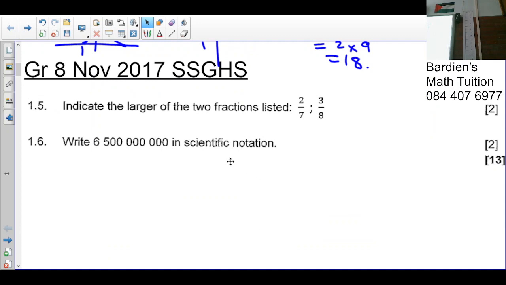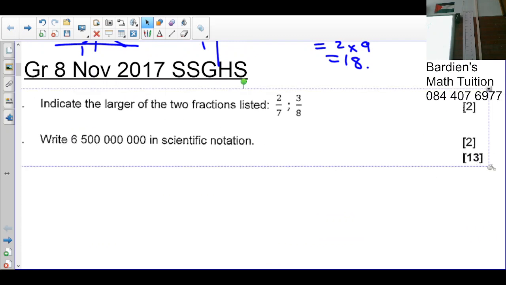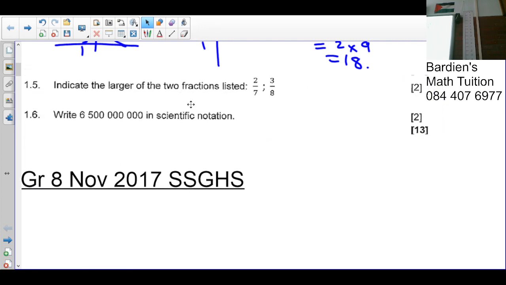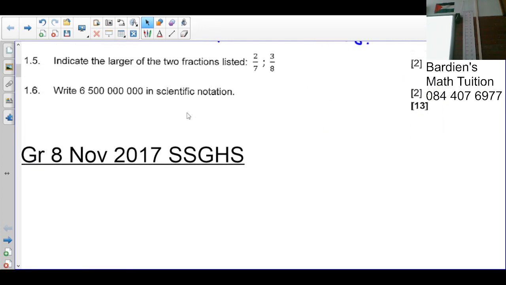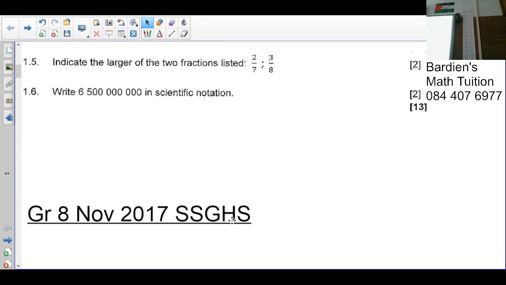You look at question 1.5. We are told to indicate the larger of the 2 fractions listed. When we compare fractions, we have to have a common denominator. The denominator has to be the same to compare the numerators. So the LCM here is 56, not so? 7 times 8 is 56.